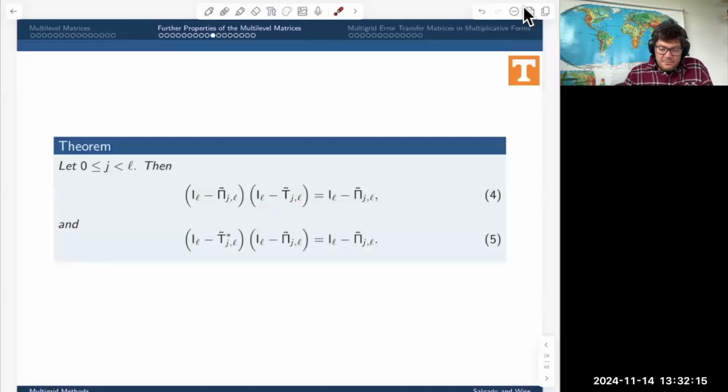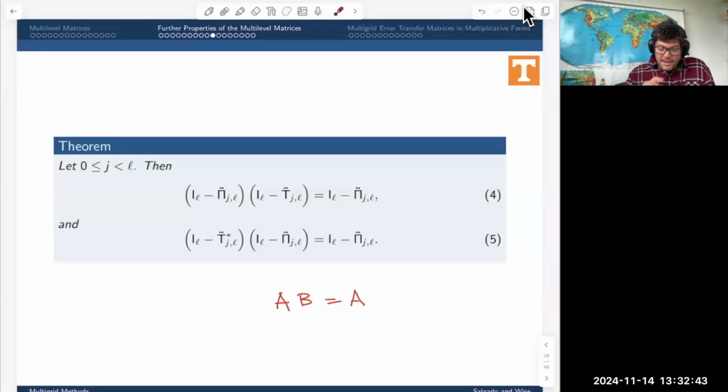But when I multiply these two things together, amazingly, I just get this matrix back. So this is a little bit like saying I have the property that A times B is equal to A. So what is this property? It's a little bit like saying B is kind of an identity when I multiply it by A. Not quite, but it has this interesting and weird property.